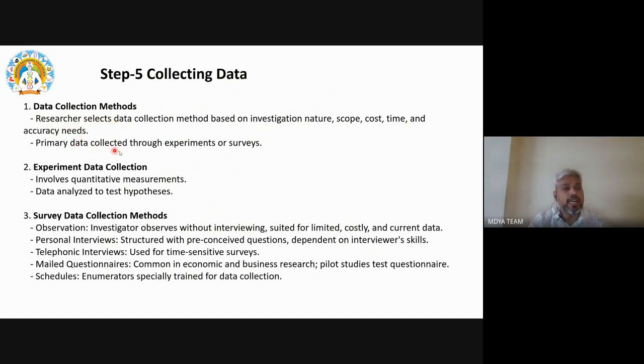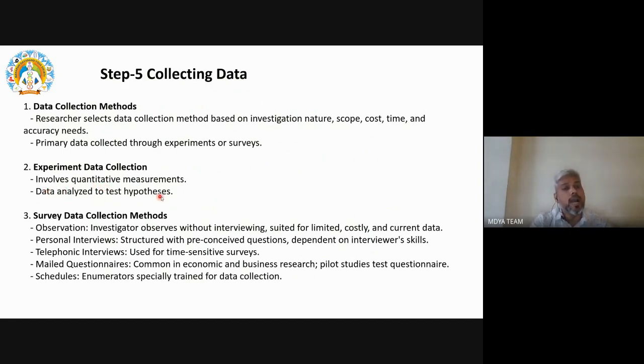Primary data is collected through experiments or surveys, because primary data is first hand, fresh data. Experiment data collection involves quantitative measurements. The data is analyzed to test hypotheses. Why do you collect data?